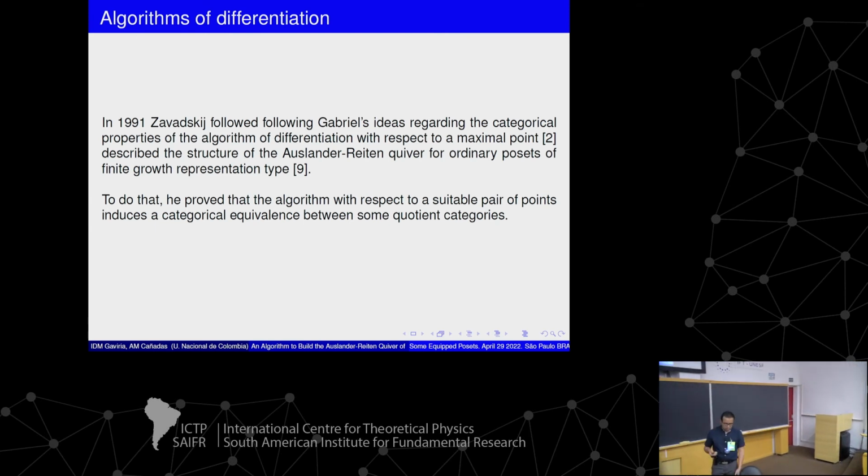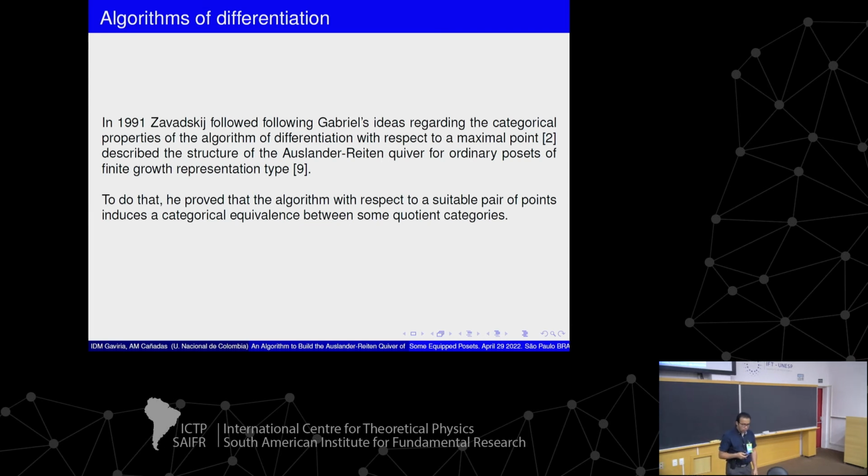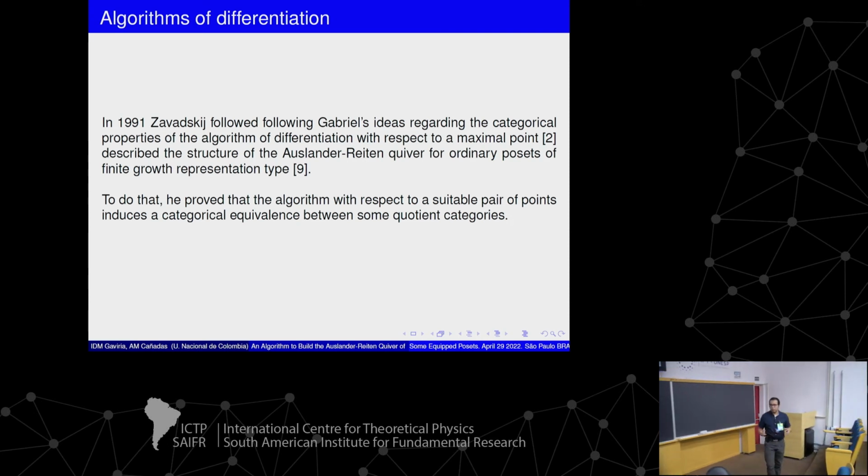This is in general not easy. What we want is to build the Auslander-Reiten quiver associated to the category of representations of one poset, because the Auslander-Reiten quiver is a form to compress all information of the category.